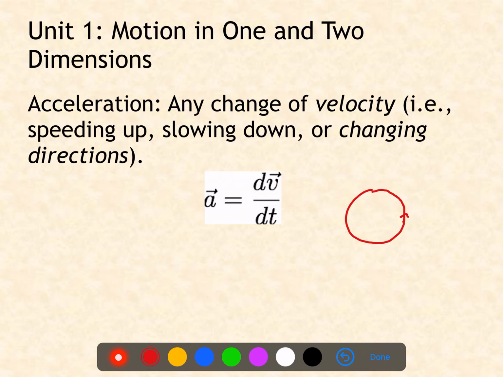At one point in time, your velocity vector is pointing like this, and at another point later, your velocity vector is pointing like this, right? These might be the same length because your speed is the same, but your direction is changing all the time, and therefore there's some sort of acceleration. In this particular example, we would call that centripetal acceleration.